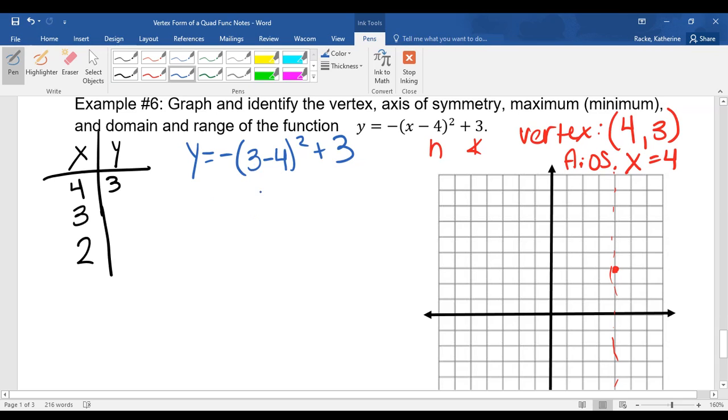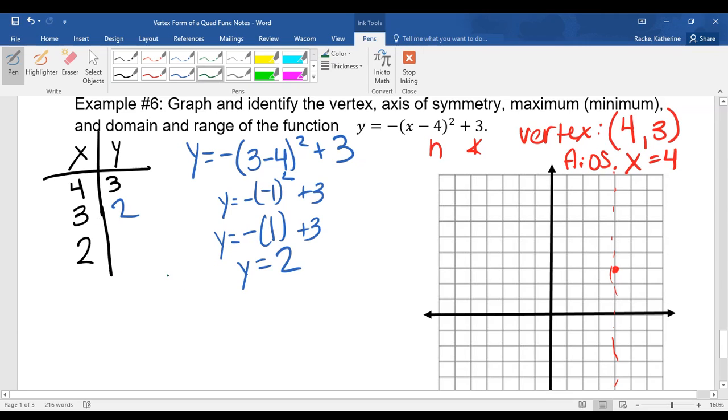We'll solve that. 3 minus 4 is negative 1. Negative 1 squared is positive 1 with the negative still on the outside, plus 3. So it would be negative 1 plus 3 to give me y equals 2.